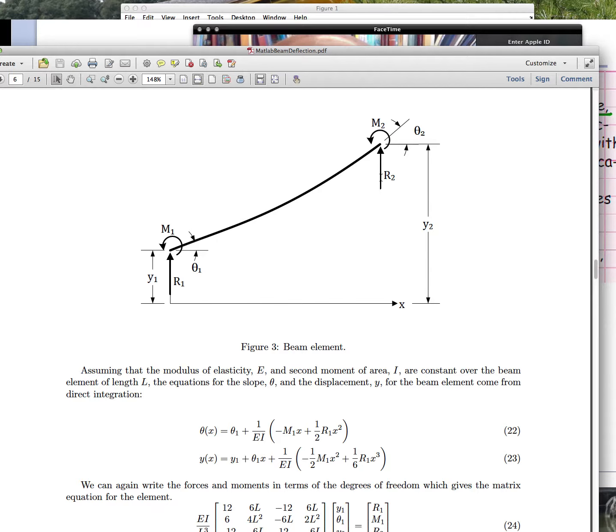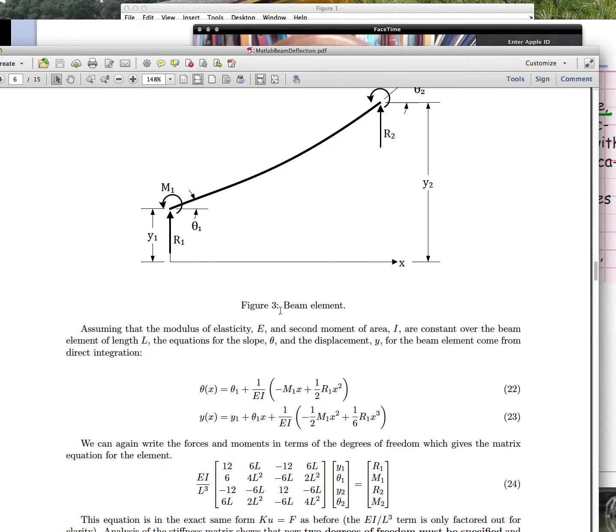If we do simple integration of this force system, we see that the slope is the initial value at the left point plus 1 over EI times, now you're integrating the moment once, and you're integrating the reaction twice. So you have minus M1x plus 1/2 R1x squared.